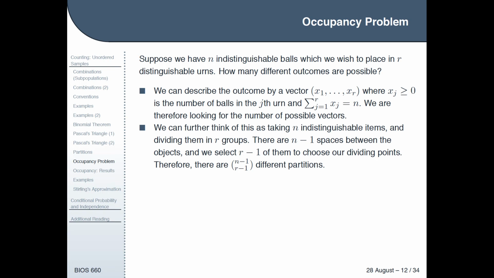So essentially what it boils down to is a combination problem where there's 6 possible spaces between the objects, and we're choosing 2 of them to generate the partitions. So the total number of possible partitions of balls into urns would just be n-1 choose r-1 in general.